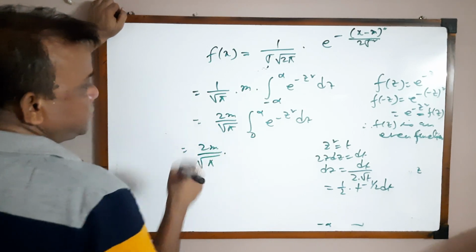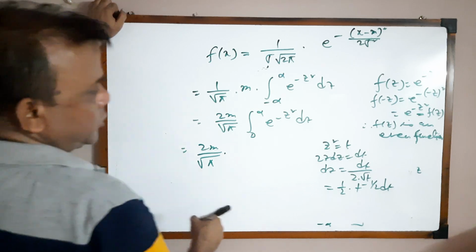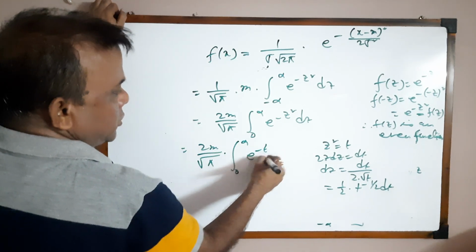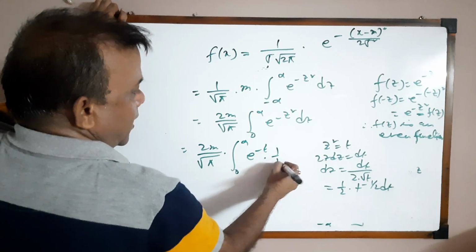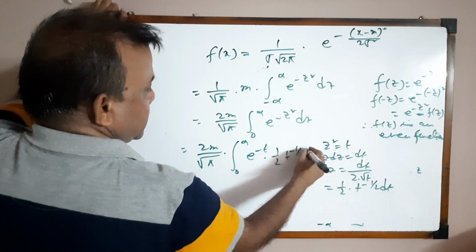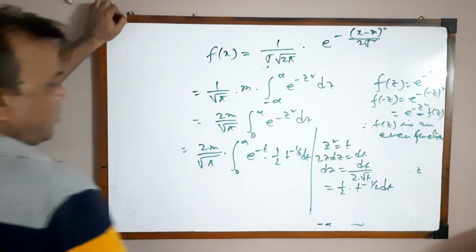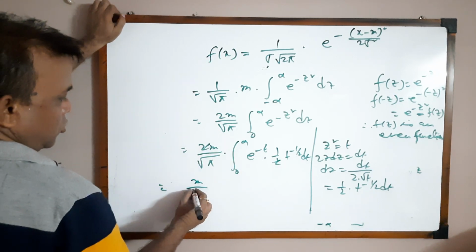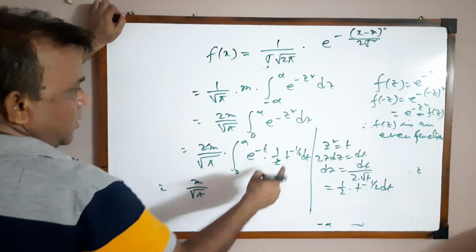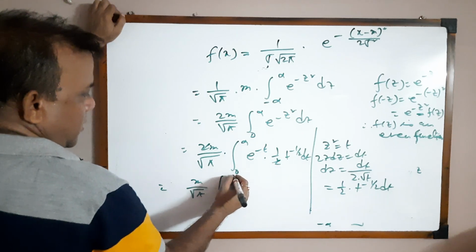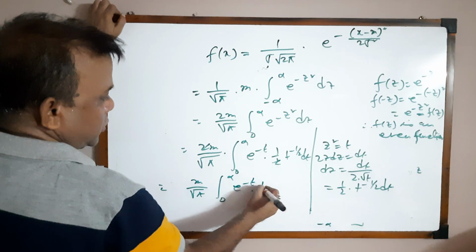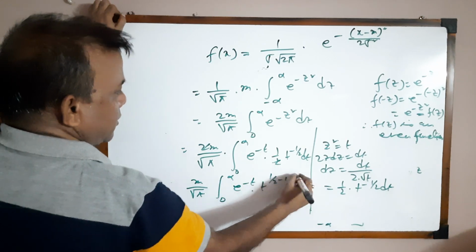So 2m by root pi into integration 0 to infinity e to the power minus t into half t to the power minus half dt. M by root pi integration 0 to infinity e to the power minus t, t to the power half minus 1 dt.